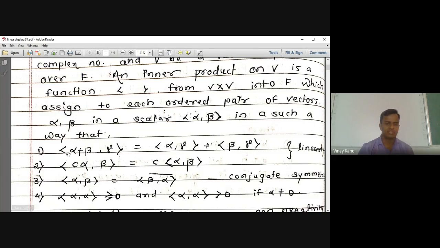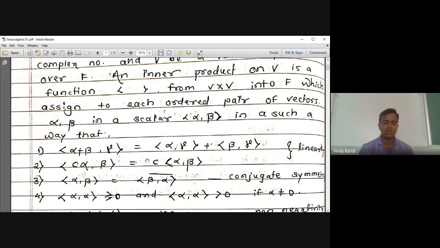First condition: the inner product of alpha plus beta and gamma is equal to the inner product of alpha and gamma plus the inner product of beta and gamma. Second condition: the inner product of C alpha and beta, where C belongs to F and alpha, beta come from V, is equal to C times the inner product of alpha and beta.